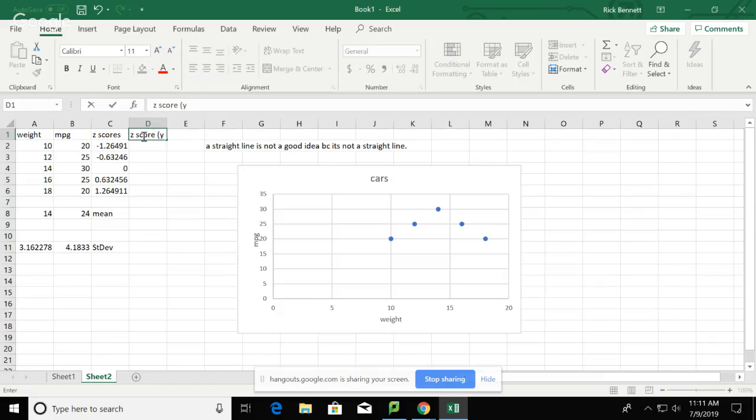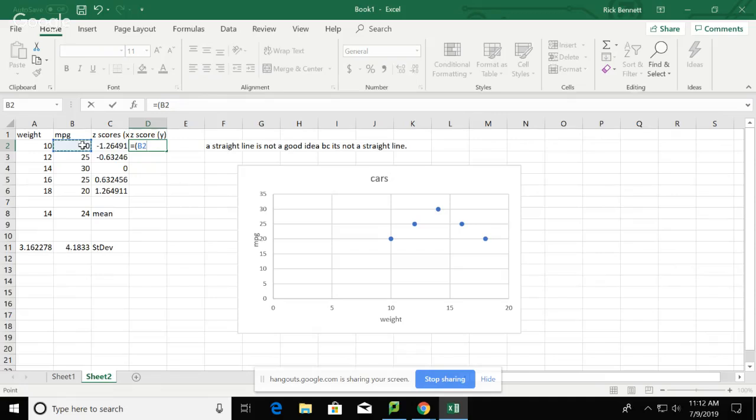I didn't put x at the last one, but I'll. Equals. Can I just copy it? You can copy it, but it won't give you the right answer. Okay.